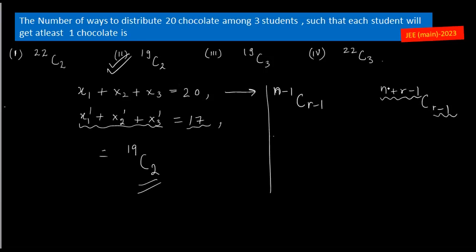Here n is 17, r is 3. And if you want to use the other formula, then n is 20 and r is 3. So we can use any of these formulas to get this answer. So option number 2 is correct.